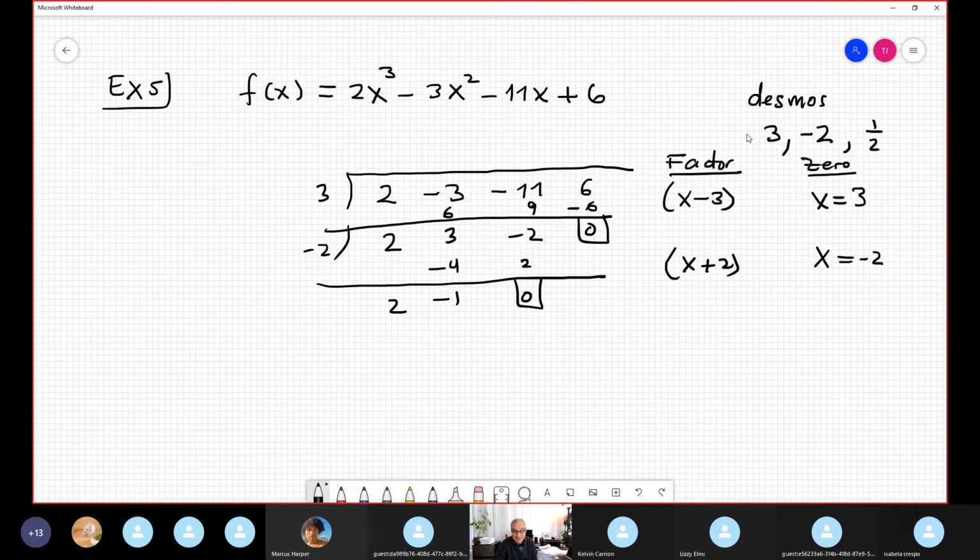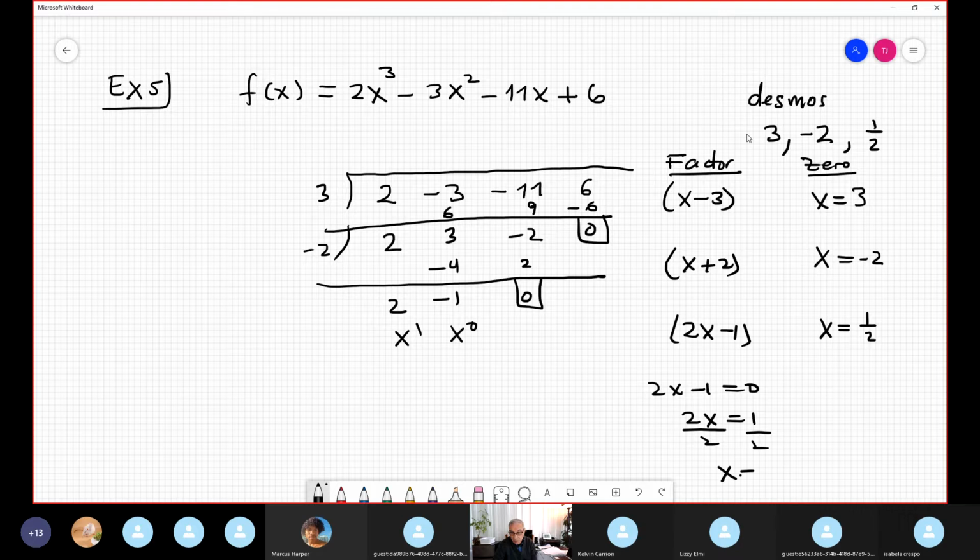The last quotient factor is 2x minus 1, and the zero is +1/2 because 2x minus 1 equals 0. You solve for x: 2x equals 1, divided by 2. It's obvious that it is 1/2.